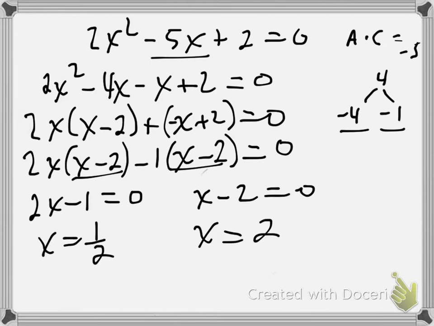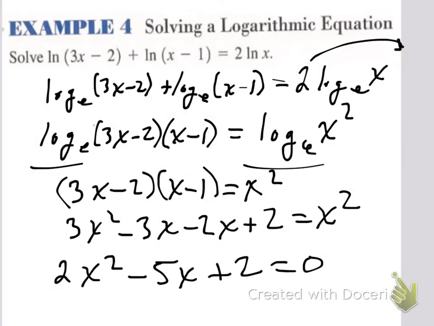Now we want to check these, because remember, by moving this 2 into the exponent, we changed our domain. So we probably have an extraneous solution that we have to check. If I plug in 1/2 for x, 1/2 minus 1 gives me a negative in here.